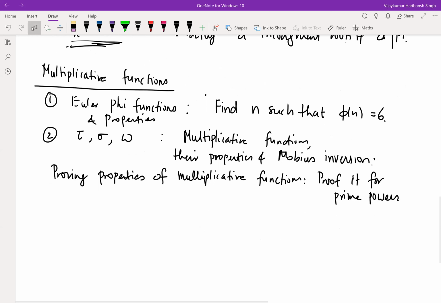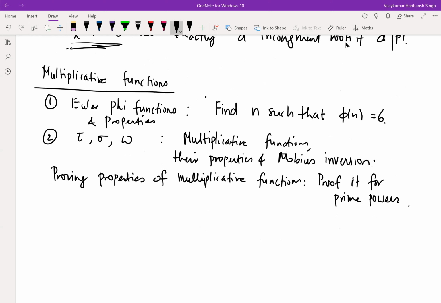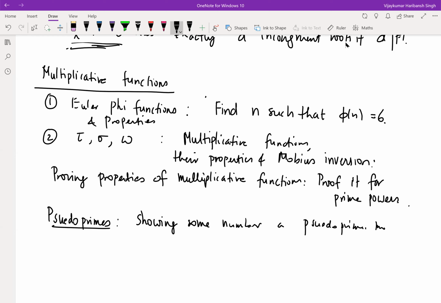We discussed in length about pseudoprimes, like showing some number is a pseudoprime mod whatever mod n.